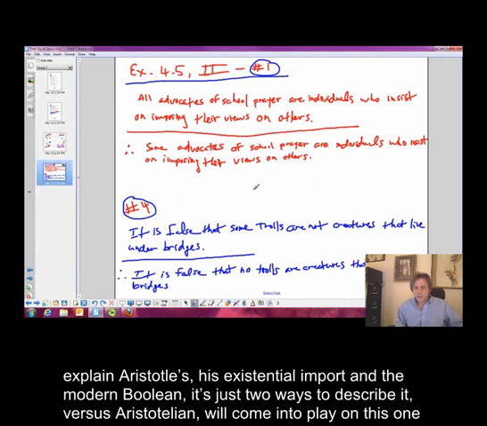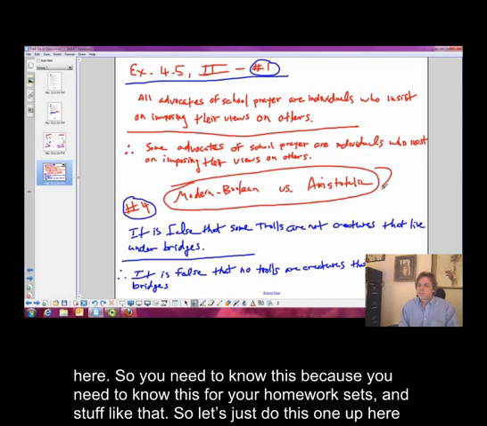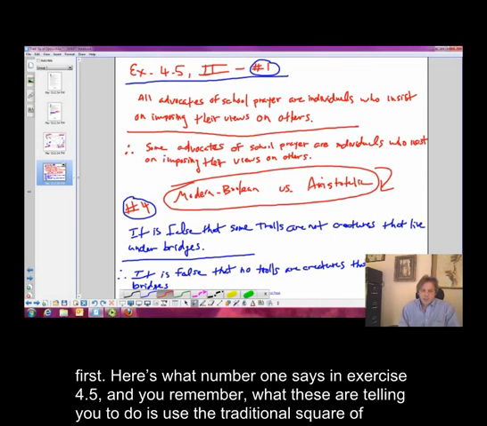I'm going to explain Aristotle's existential import and the modern Boolean, it's just two ways to describe it, versus Aristotelian, will come into play on this one here. So you need to know this because you need to know this for your homework sets and stuff like that. So let's just do this one up here first. And why don't I use green here just to separate stuff out.